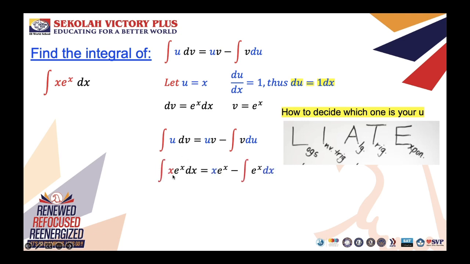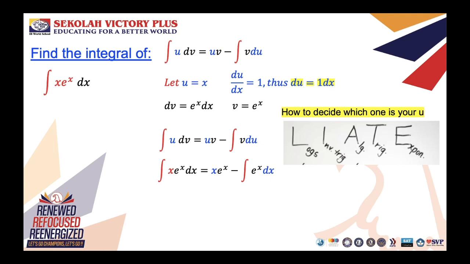If you observe, this goes back to the original. The integral of the given is now equal to this. Simply substitute the value of u, the value of v, minus the integral of v du, which in this case v is e to the x, and du was determined to be 1 dx, or simply dx.